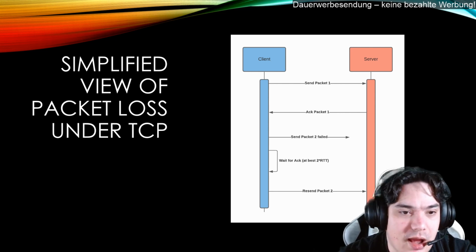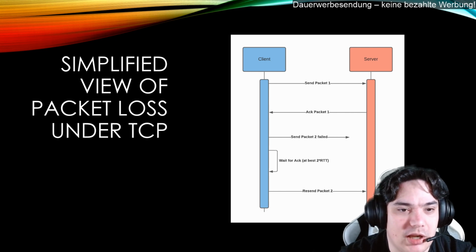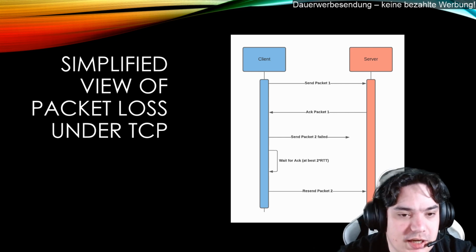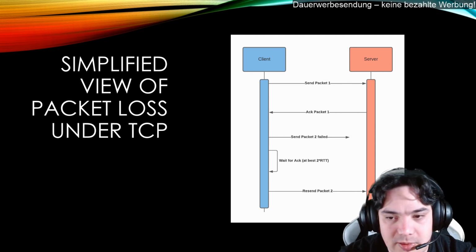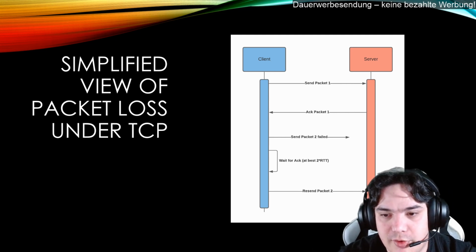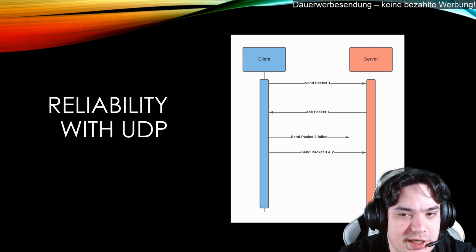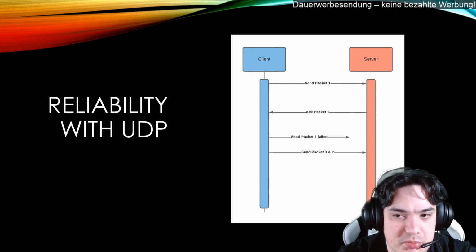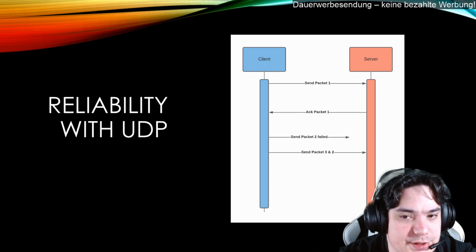Now, how do we solve this with UDP? In UDP, we don't have something like reliability, but our UDP engine has to implement something like that. Let's show how we solve that issue. Since we have a lot of small packages, what we can do with UDP is, for example, send package 1 and wait for an acknowledgement package from the server.